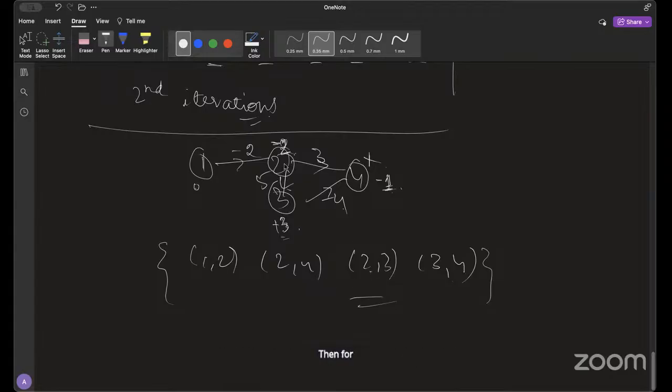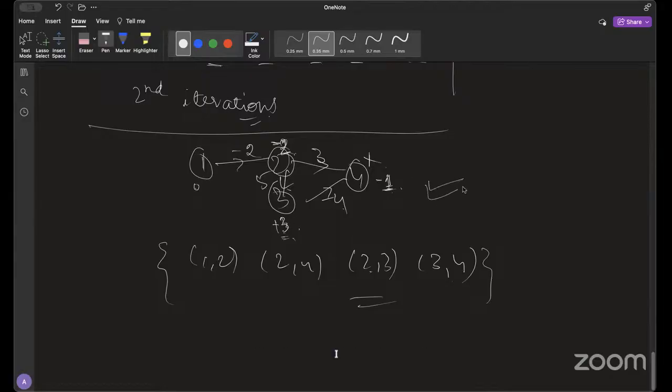Then for 2, 3, you have -2 and 5, so this doesn't change, it remains +3. And for 3, 4, you'll have 3 and -4. You don't have an edge from here.